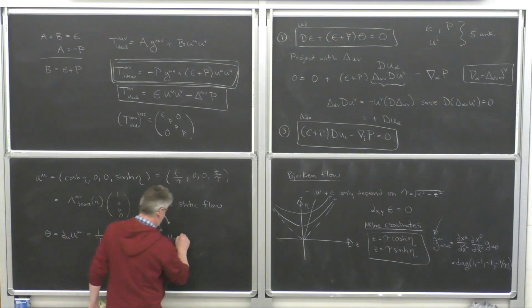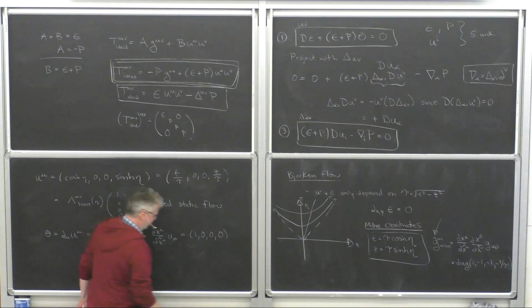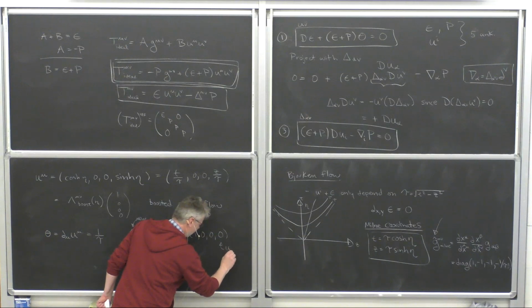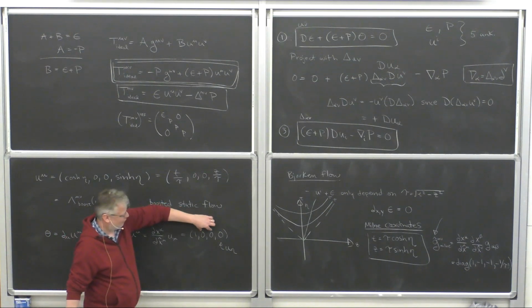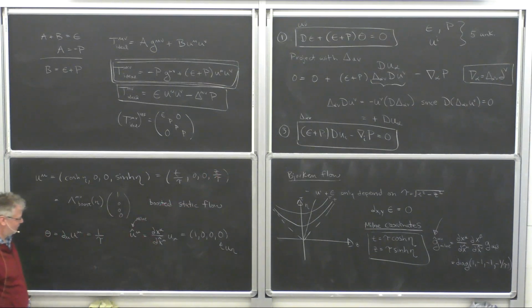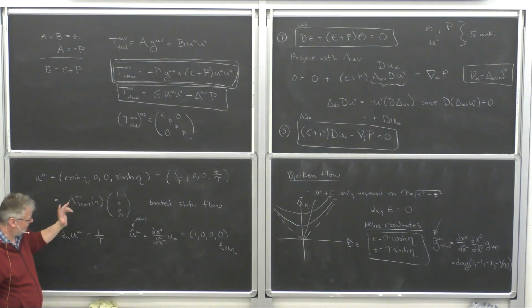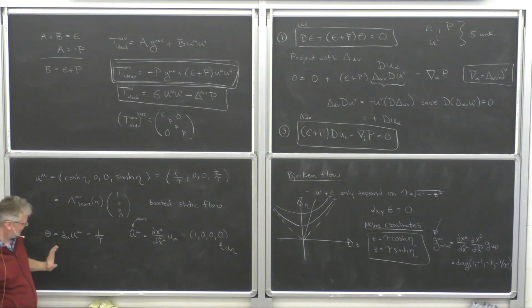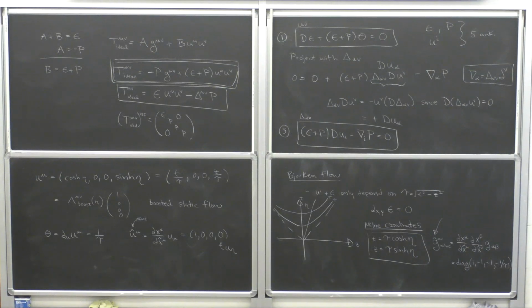What you'll find is that this comes out, as advertised, to be 1, 0, 0, 0. What's important is that the last component, u eta, is 0. We already made the first two explicitly 0 just by assuming the flow was transversely homogeneous. In the lab frame this has some z velocity, but if we boost into the local rest frame of the fluid, it becomes a static flow. That's going to simplify our lives a lot.